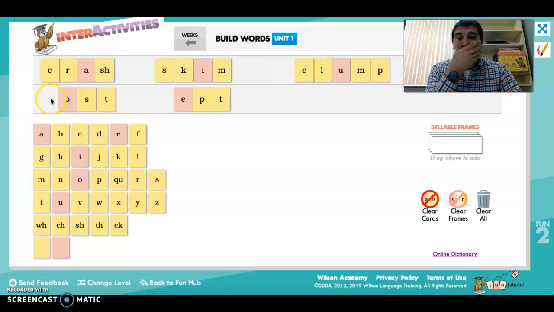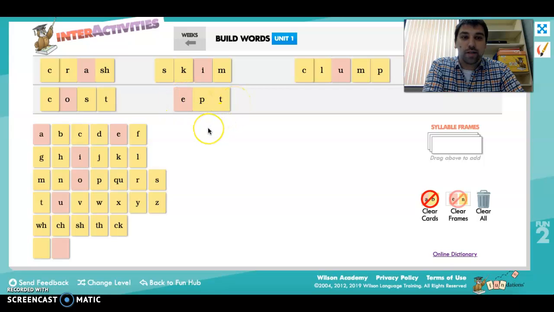Okay? For this one, it's going to be cost, cost. If you said it's C, nice job. It's not an E or an I right after it, so it's still a C, right? Next one is kept, kept.